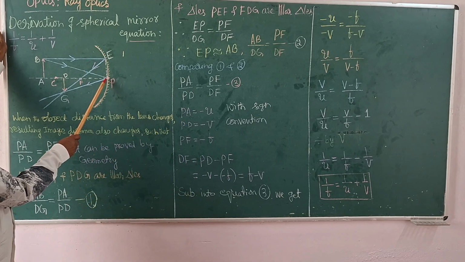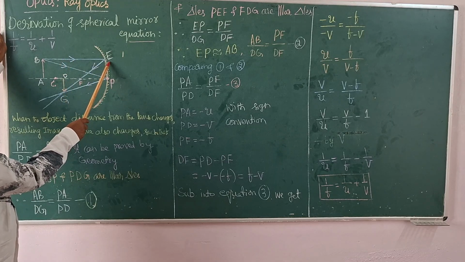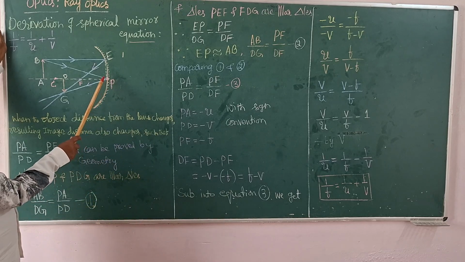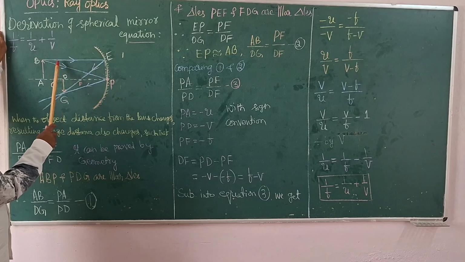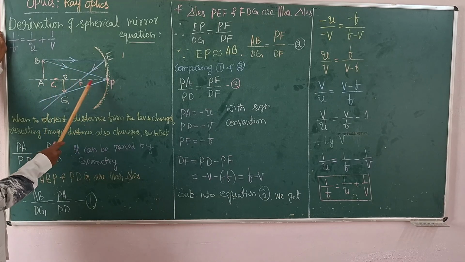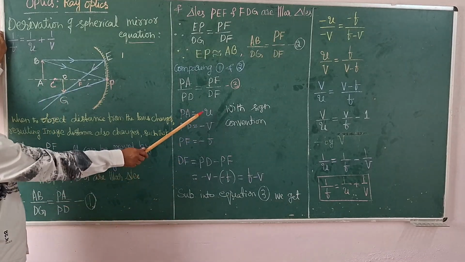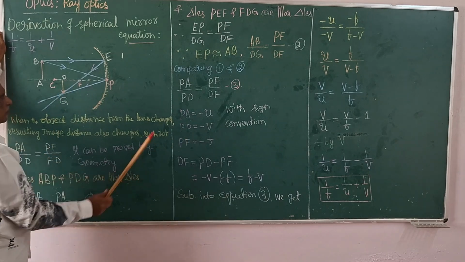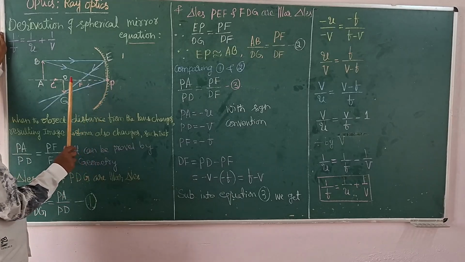And if you measure the distances in the direction same as the incident ray, it takes a positive sign. So all these distances we measure are in the direction opposite to the incident ray. This distance is minus u with sign. This distance is minus v. This distance is minus f because of sign convention.